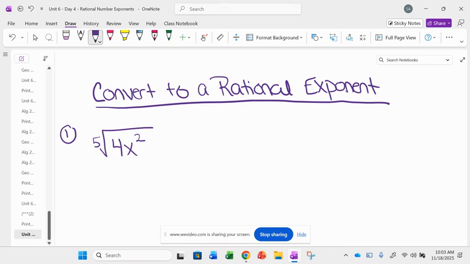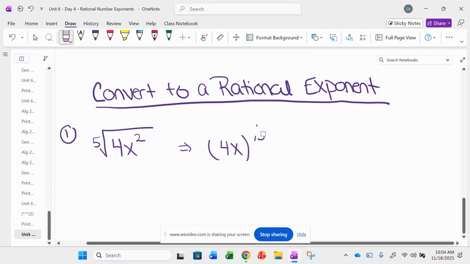Can somebody tell me why this is wrong? It is not 4x raised to the 2/5 power. Why is that wrong? Good. Only x has that power of 2. Does the 4 have that power of 2? No. So what you can write is a couple of different things.